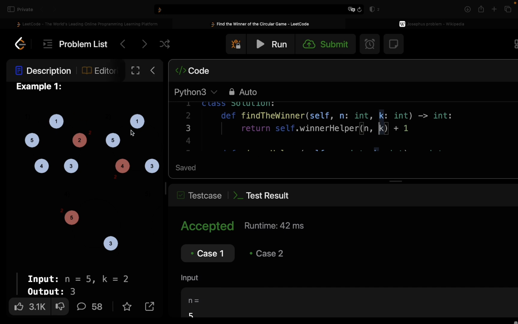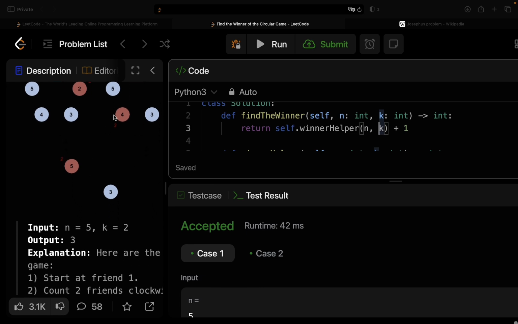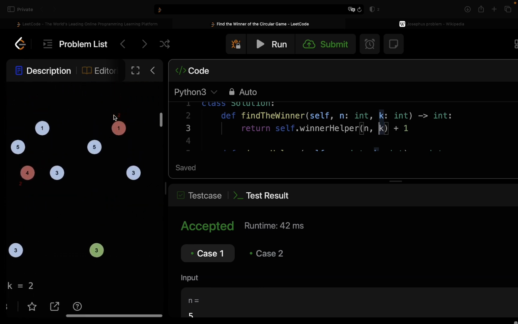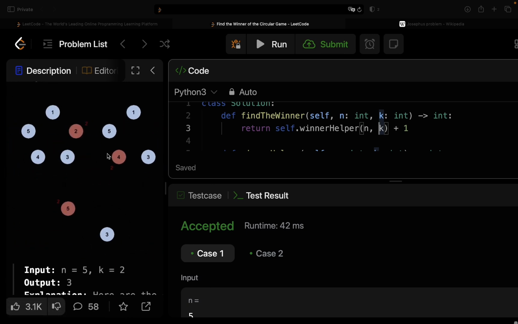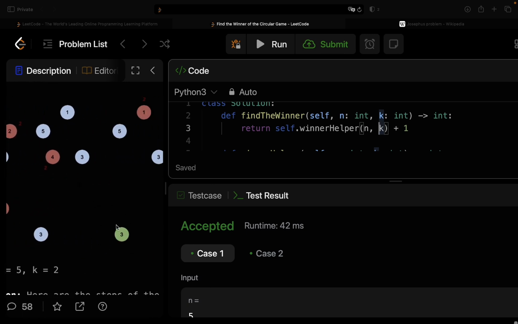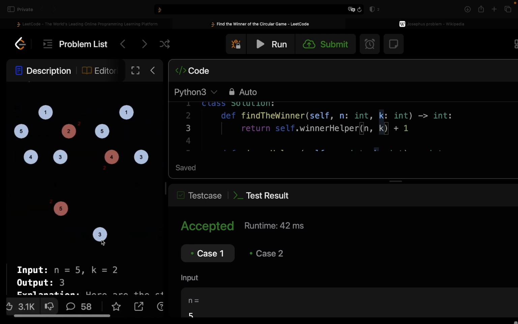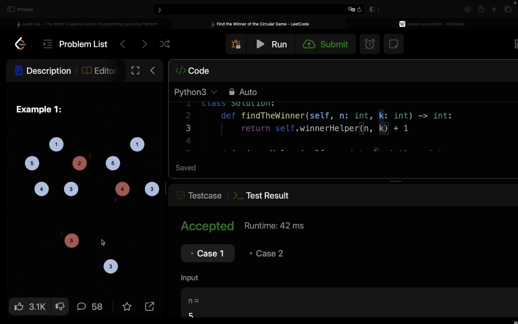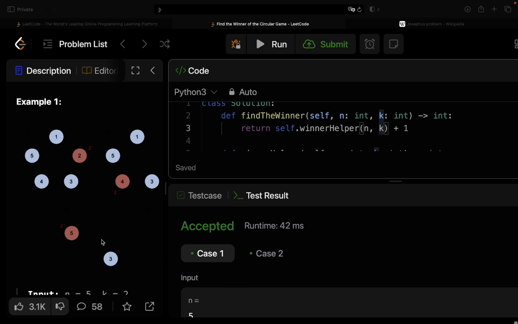Then that function will call this one, and that function also will call this one, and so on and so forth. At the end, we will reach n equal to 1, so that will return. Since it is a recursive call, when you reach the end, we'll be returning from the stack.